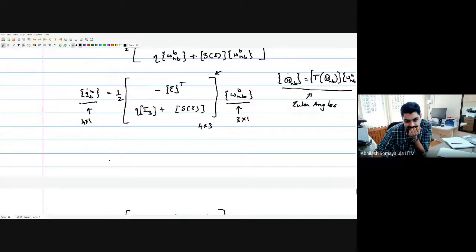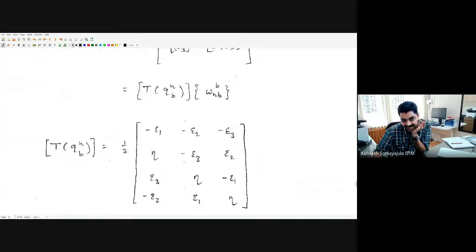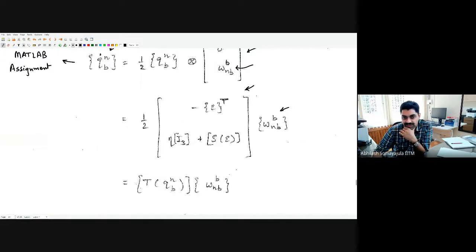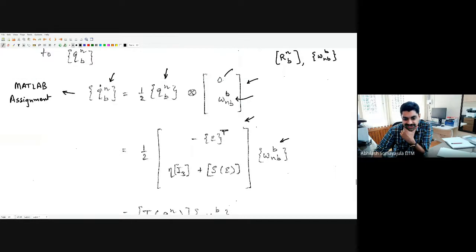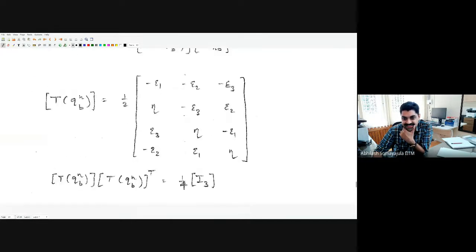Yes, that is what we see here. Our T matrix, which relates our angular velocity of the body in the body fixed frame to the rate of change of the quaternions, is now given by these components which we just saw. It can be shown that if I take this T matrix and multiply it by its transpose, I'll get 1/4 of the identity matrix.